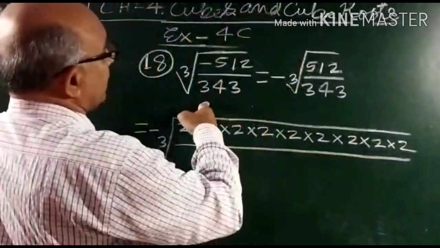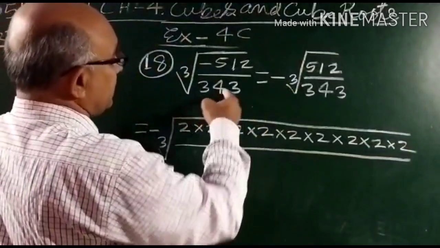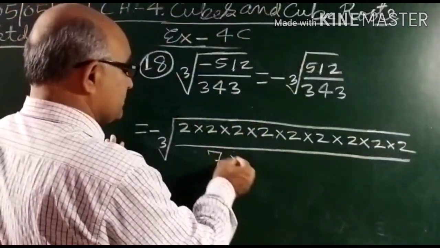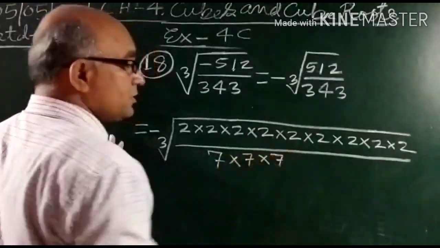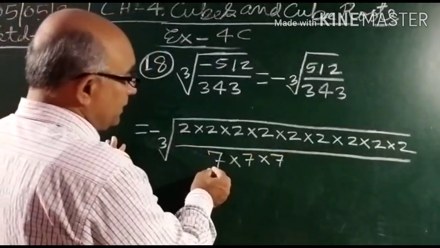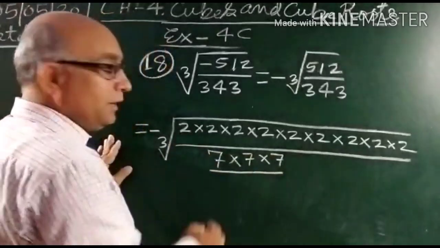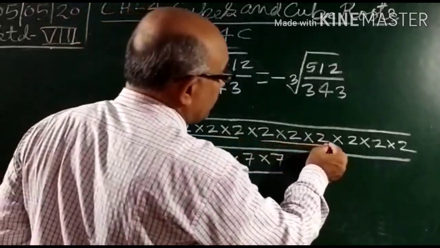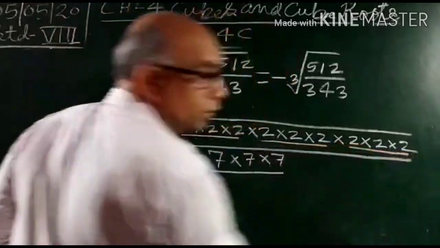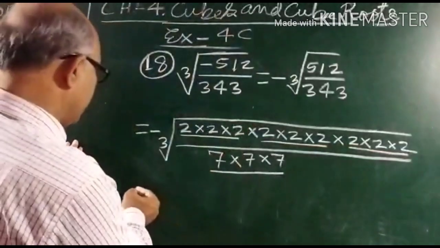Divided by prime factors of 343 is 7 into 7 into 7. So make a triplet, 7 into 7 into 7 is 1 triplet, and 2 into 2 into 2, 2 into 2 into 2, and 2 into 2 into 2. Here make a triplet.